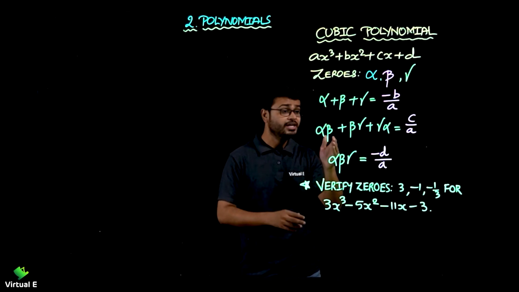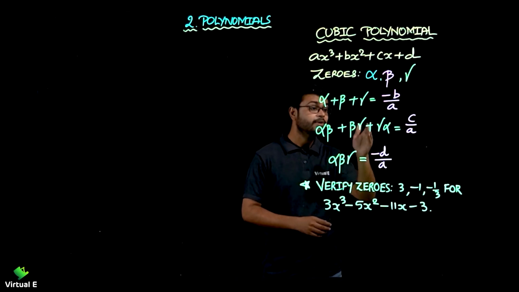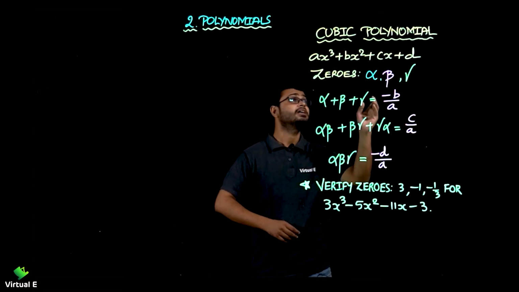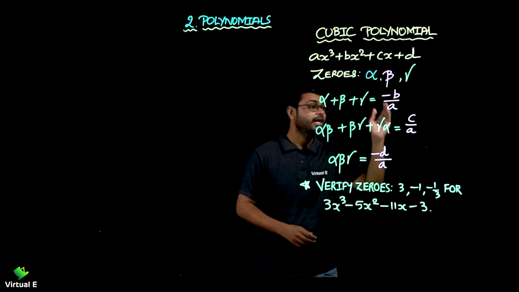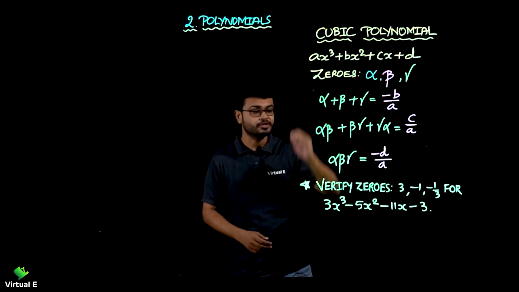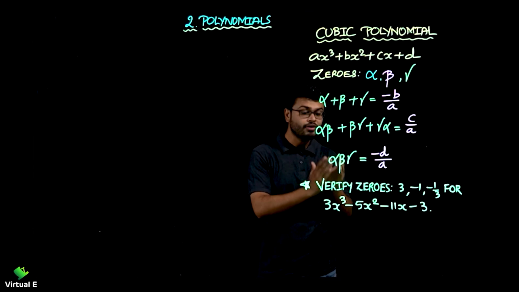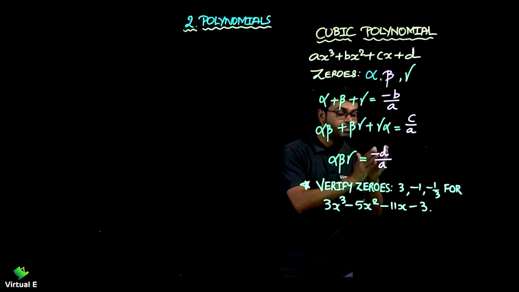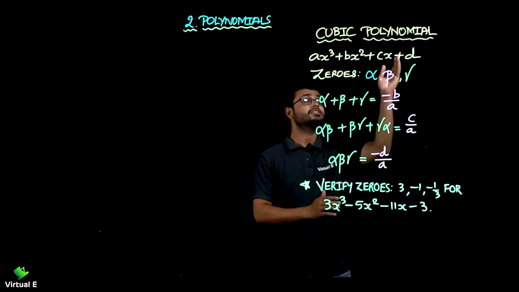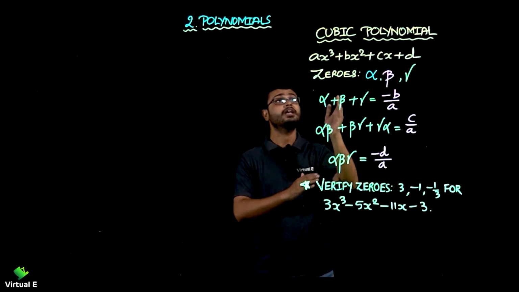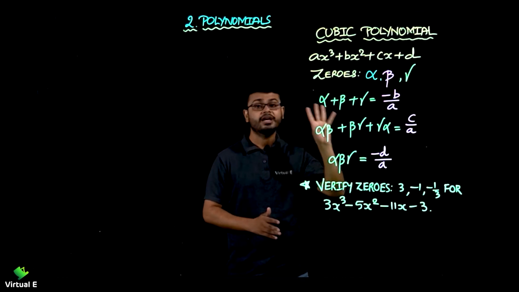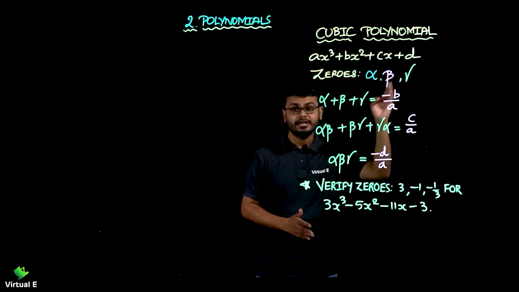Next, alpha beta plus beta gamma plus gamma alpha will give you c by a. c is the coefficient of x and a is the coefficient of x cube. Then the product of all three zeros, alpha beta gamma, will be minus d by a. d is the constant term, a is again the coefficient of x cube. Remember, we are using three Greek letters: alpha, beta and gamma.